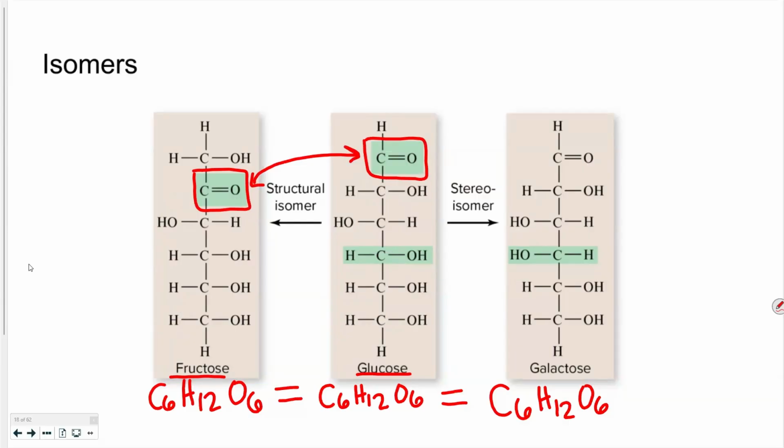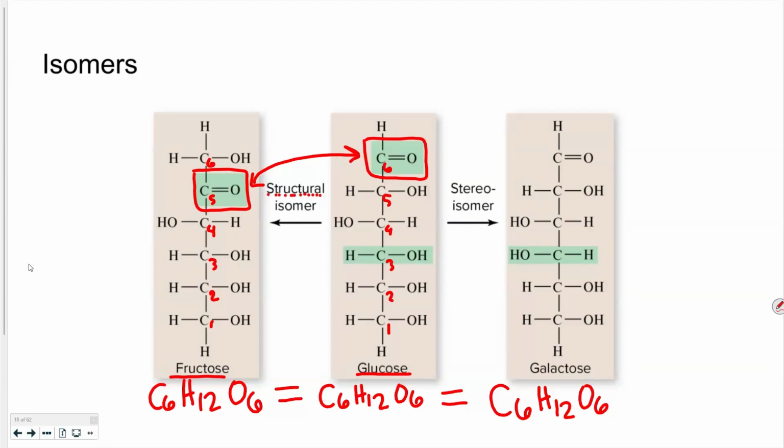So if we're going to count these, we count 1, 2, 3, 6. So the double bonded oxygen is on the 5th carbon. On our glucose, we see that our double bonded oxygen is on our 6th carbon. Okay, this is a structural isomer.